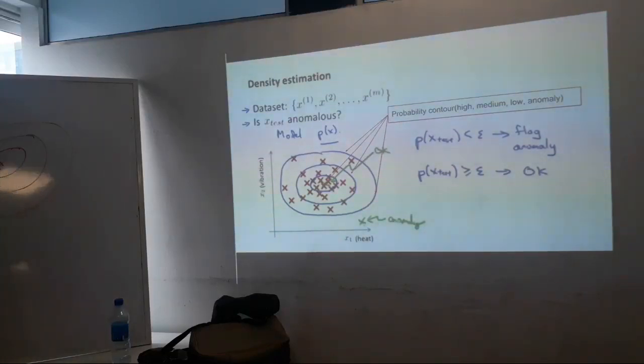So, let's say we have the good guys here, the good engines, all clustered. I have another color of marker, this is the only color here. And we have another engine, a test engine. One of them is here, one of them is here.